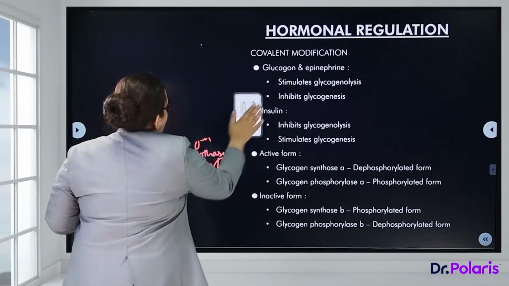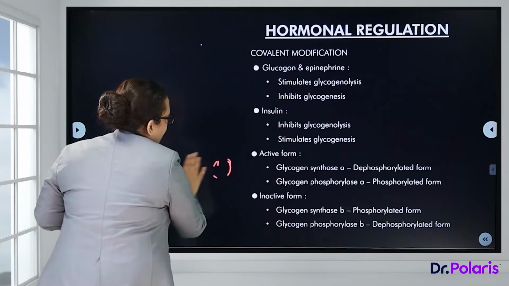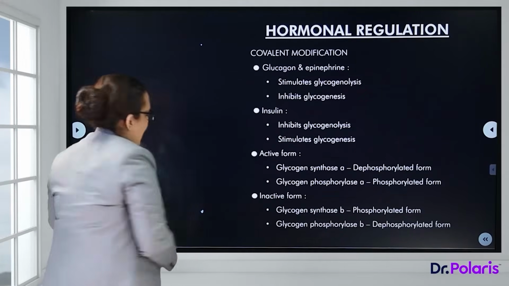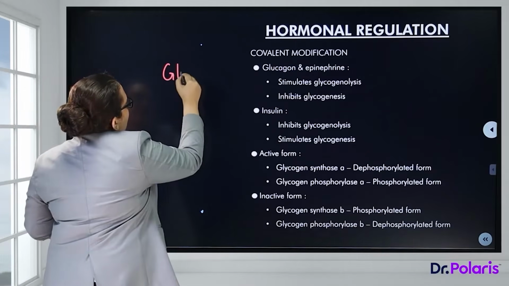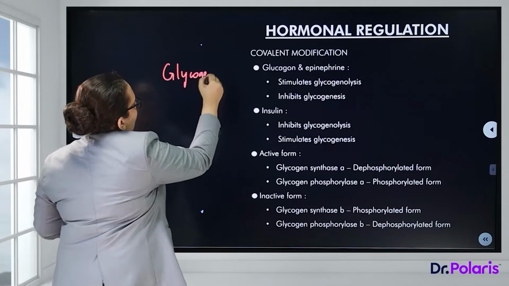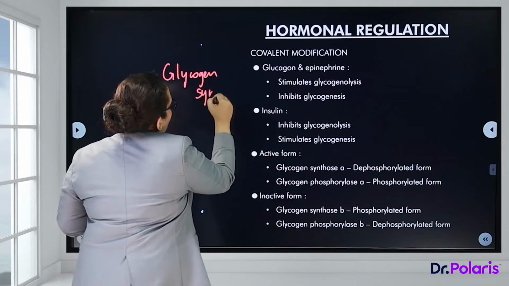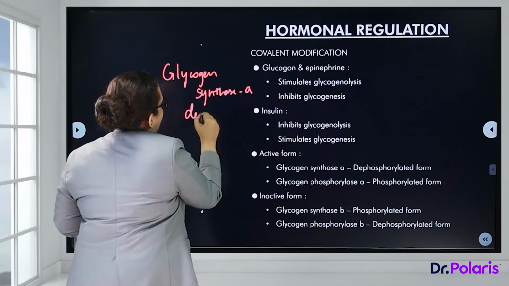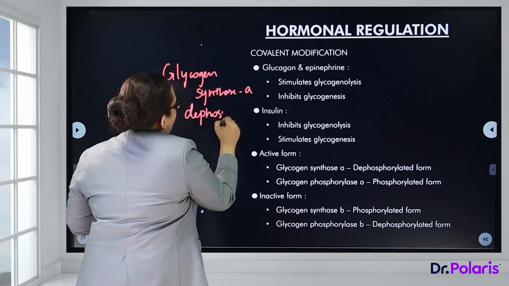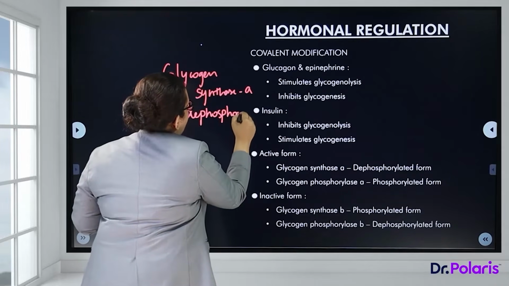Now, let's see what is the active form of both the enzymes, glycogen synthase and glycogen phosphorylase. The active form of glycogen synthase is said to be the dephosphorylated form. That means phosphate is not attached to the structure of the enzyme.